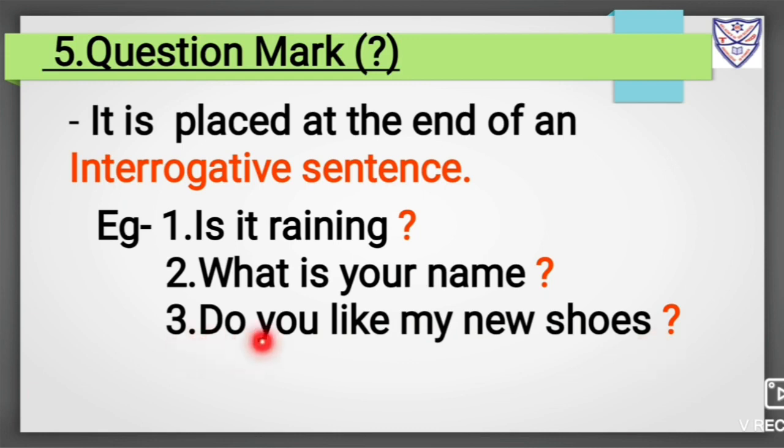Now over here, D of do will be capital because it is the starting of the sentence, and at the end there will be a question mark because this sentence is in the form of an interrogative sentence, or we can say it is in the question form. So whenever we have an interrogative sentence, at that time we will put a question mark at the end of those sentences.